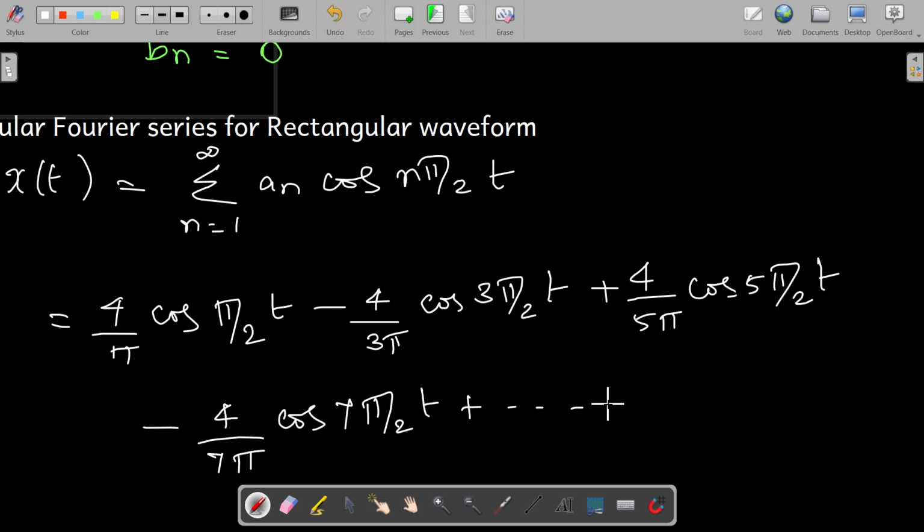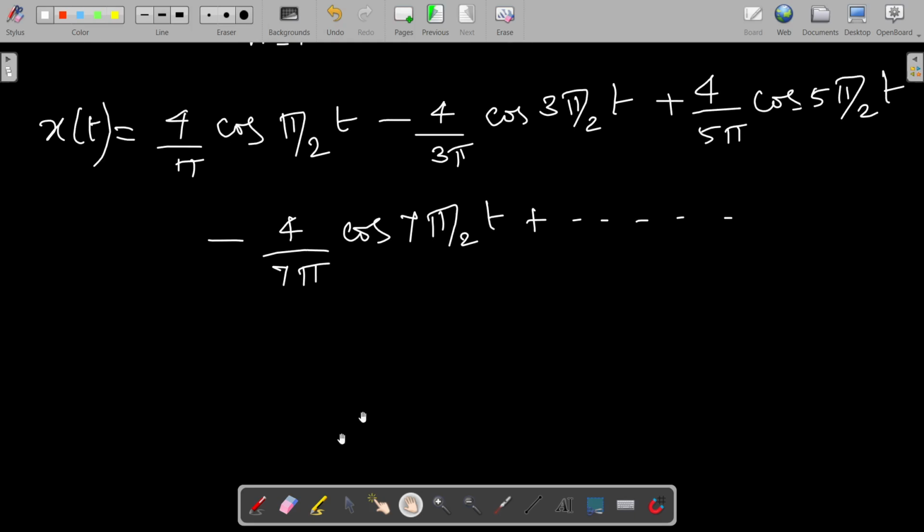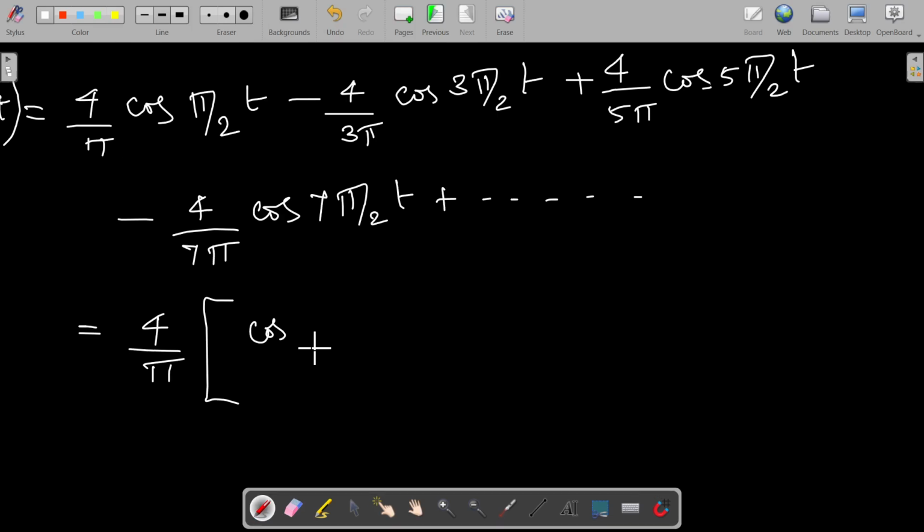So like that it goes on. So this is the final answer for our case, x of t, that is the Fourier series for rectangular waveform. Okay, in this if you want you can take this 4 by pi outside, then you will be getting this as 4 by pi cos of pi by 2 t minus 1 by 3 cos 3 pi by 2 t.